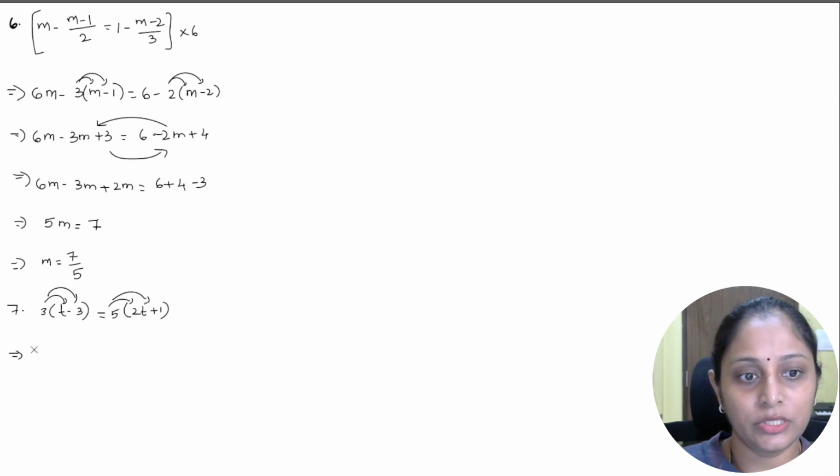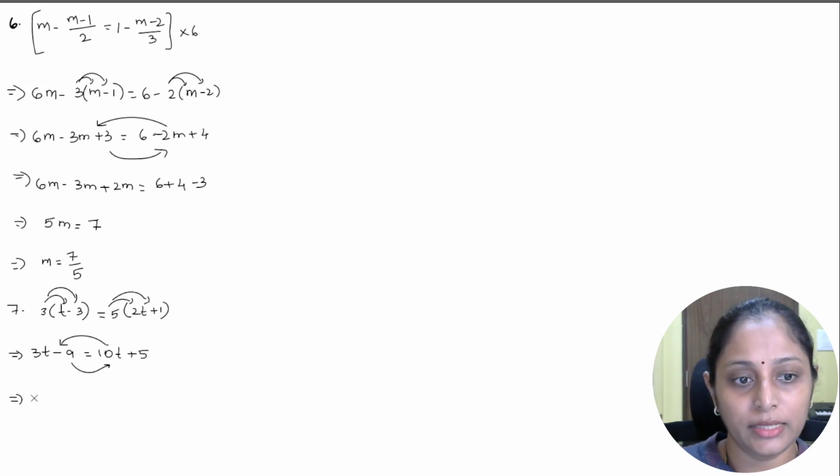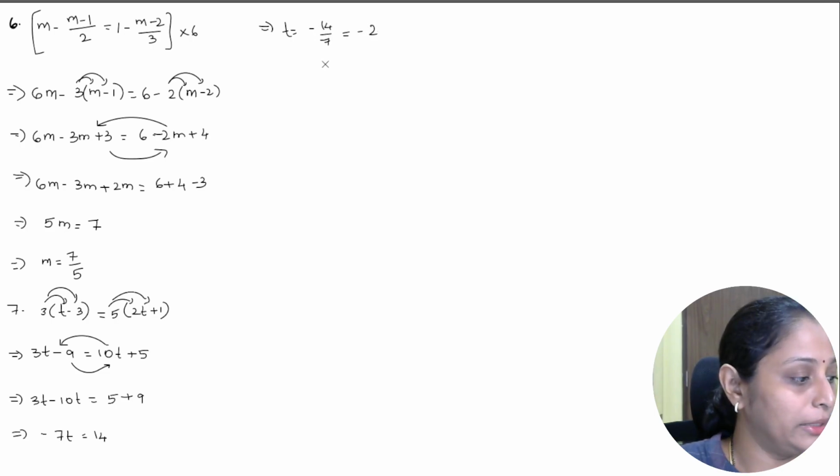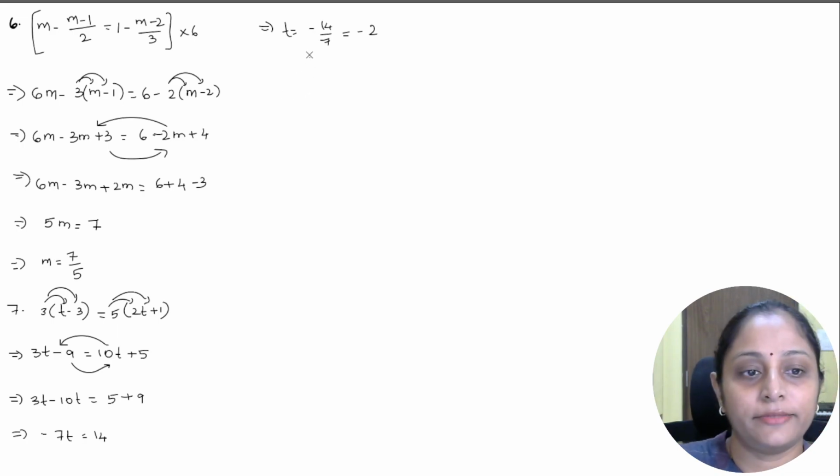So this will give me 3t minus 9 is equal to 10t plus 5. Okay? So now bring the variables to the LHS, minus 10t, and constants to the RHS, plus 9. Okay, this is nothing but minus 7t is equal to 14, implies t is equal to minus 14 by 7, which is equal to minus 2. So that is my answer for the 7th question.